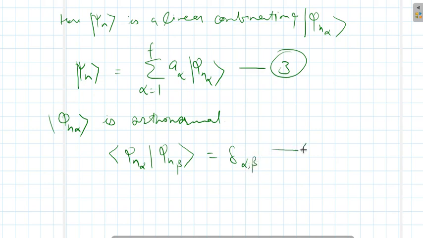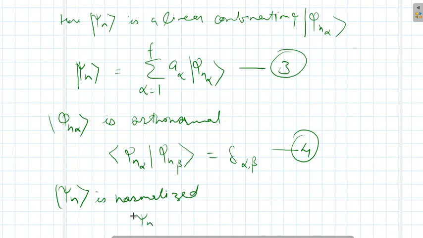Let me call it equation number 4. Also psi n is normalized, so the scalar product of psi n with itself must be equal to 1, and let me call this equation number 5. So now what should I do?